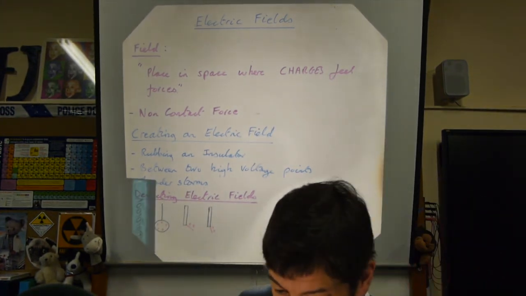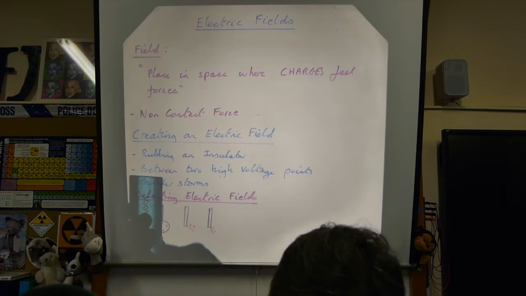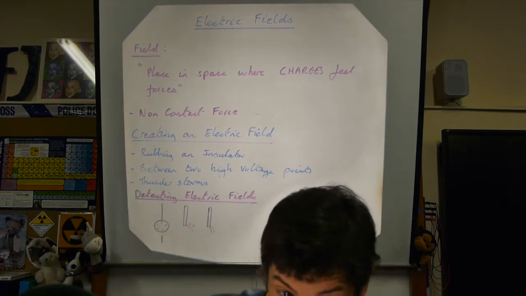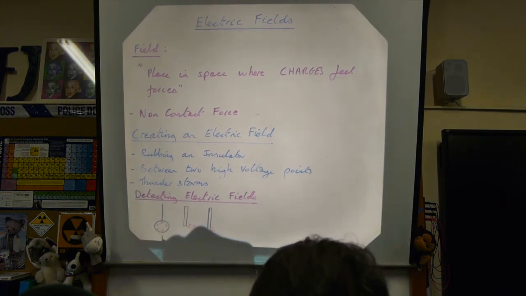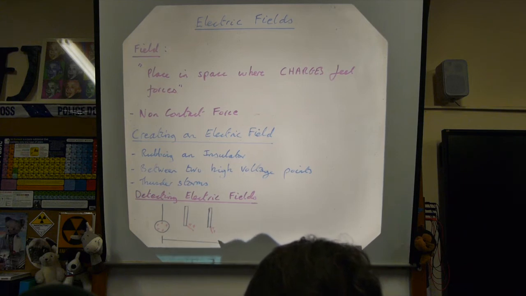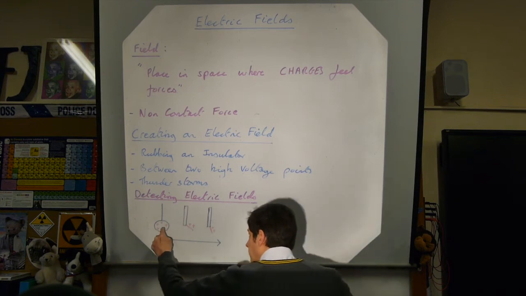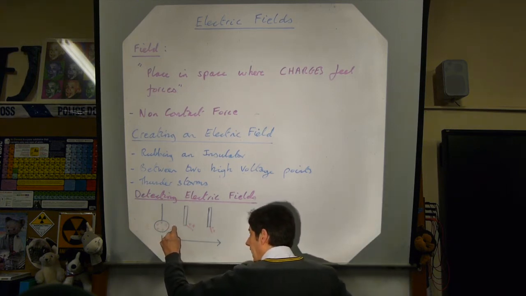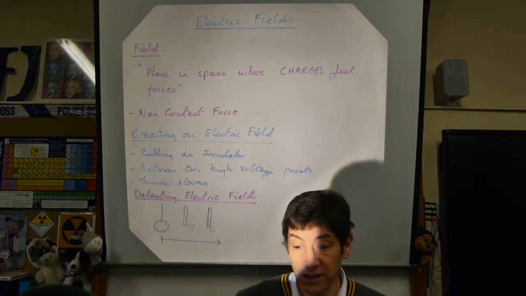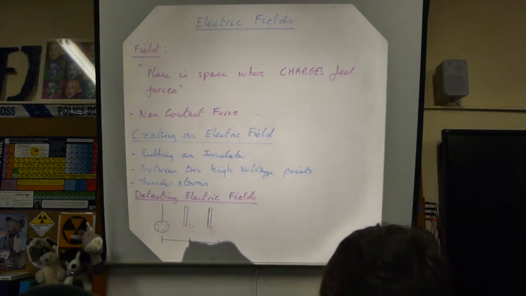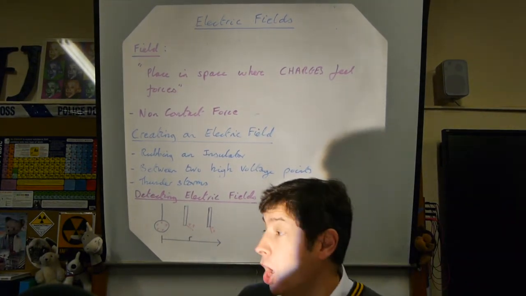But what's important is from the center of this charged sphere, we've moved away two different distances. Okay, and because it's radial, because we've come from the center and we've moved out along a radius, we're going to label this distance in all our diagrams later on R.